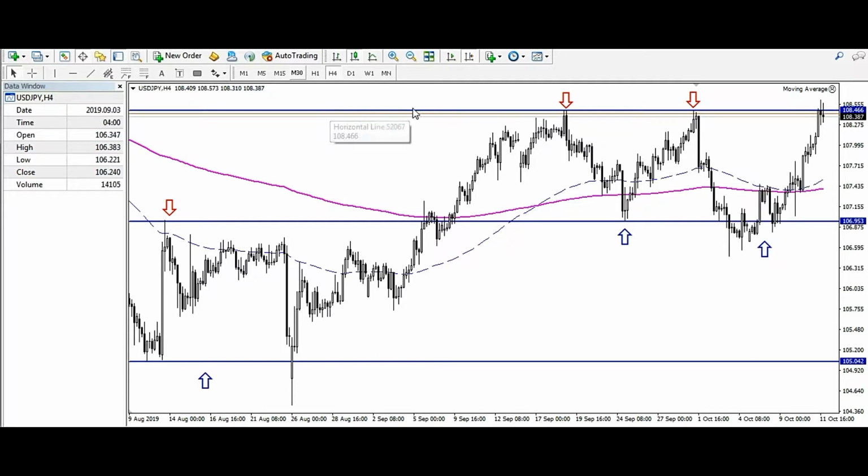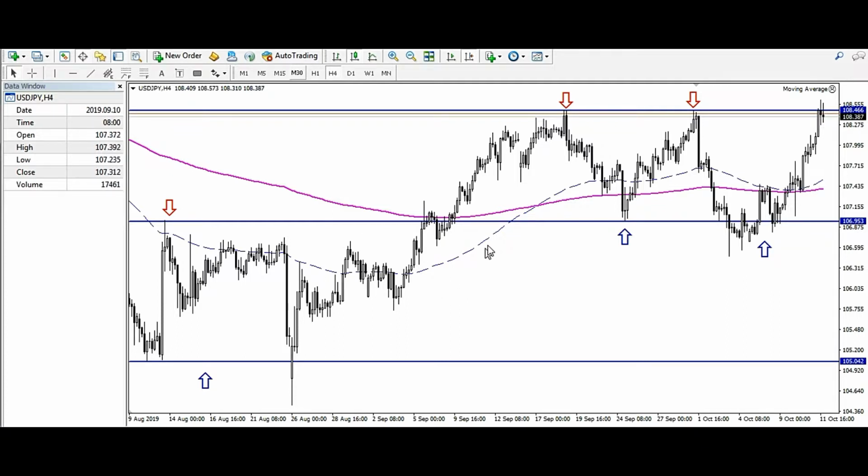Right here, there are thick blue lines drawn on this chart, which are the support and resistance lines. It's better to say horizontal support and resistance lines of the charts.